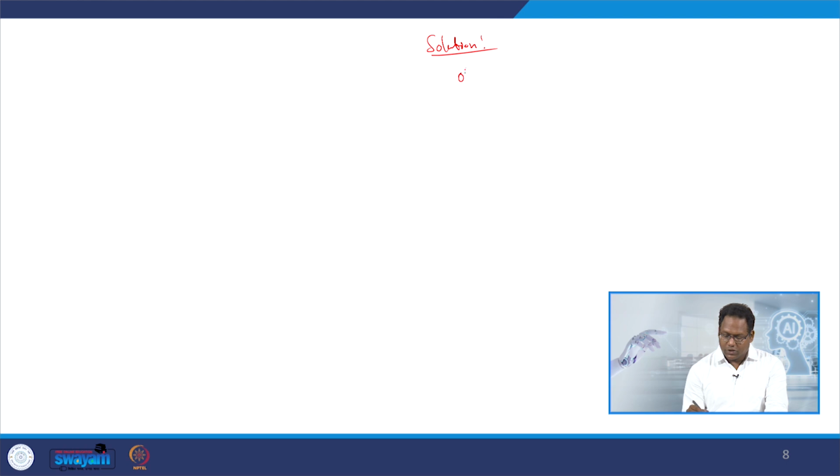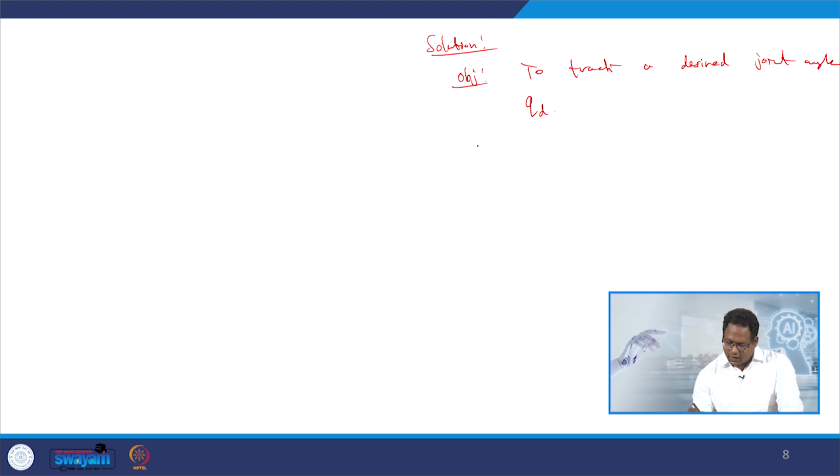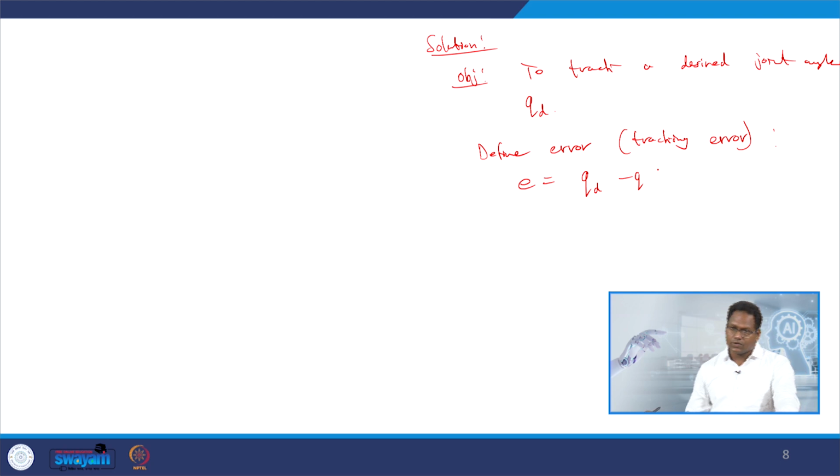So, the objective is to track a desired joint angle given by q d, and let us define the error, the so called tracking error, being E equal to q d minus q, desired angle minus actual joint angle of the robotic system.